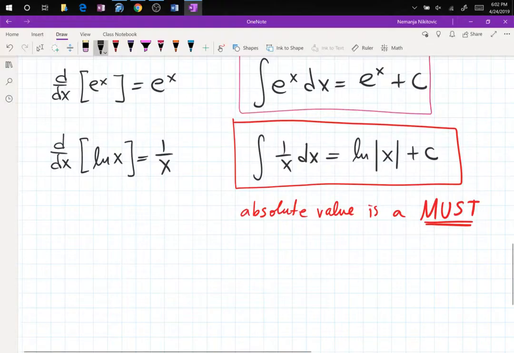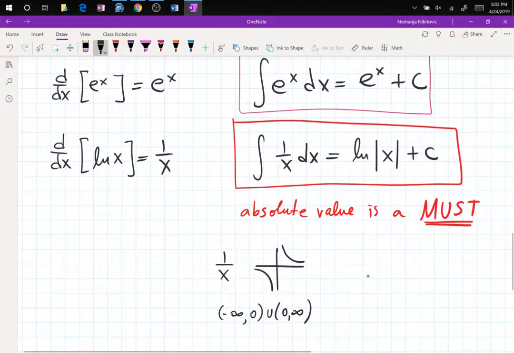Please note the domain on the left-hand side inside the integral. What is the domain of 1 over x? 1 over x is a function which you graph to the left and to the right of the y-axis. The domain is from negative infinity to 0, union 0 to infinity. What is the domain of ln x without absolute value? The domain is just on the right-hand side, 0 to infinity.